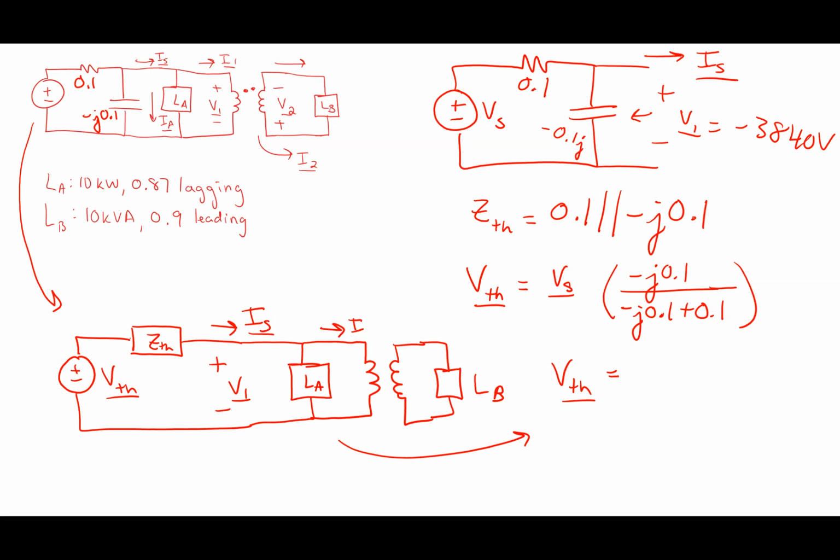It's V1 plus IS times Z Thevenin. Now, to figure out what V sub S has to be, I would say this has to be equal to V sub S times negative J 0.1 divided by negative J 0.1 plus 0.1. Like that. And I solve for V sub S.